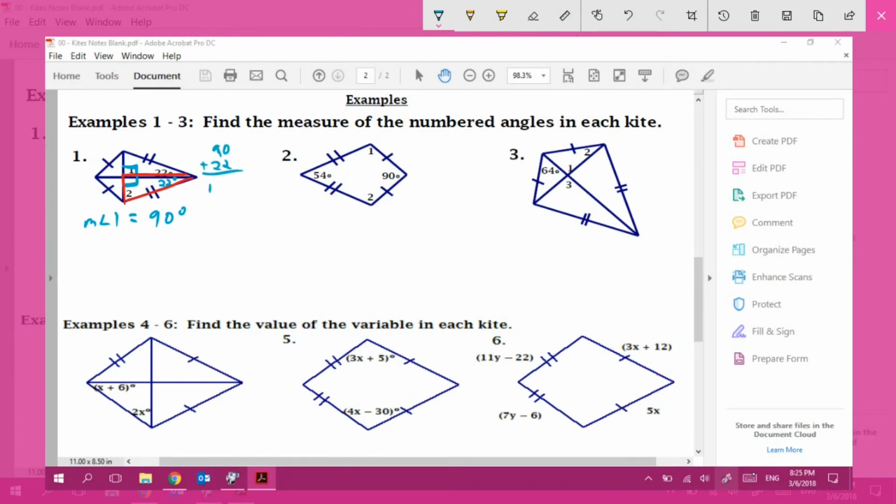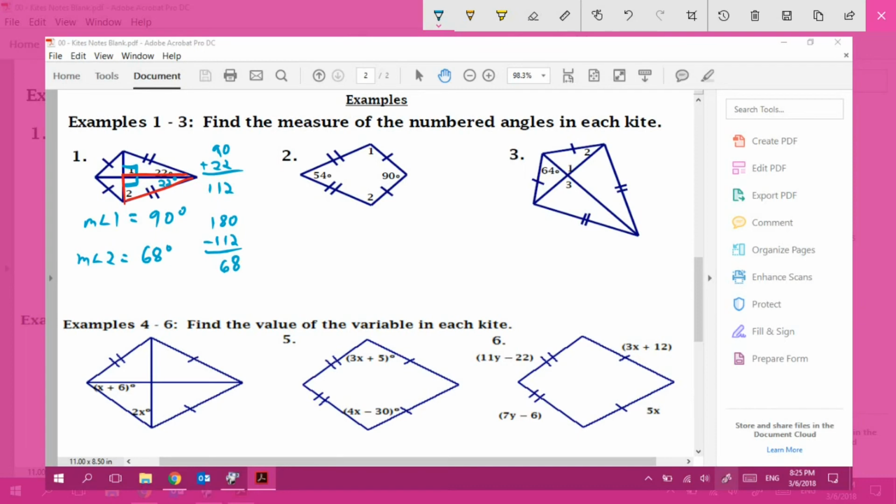That gives me 112. And remember, the total number of degrees in a triangle is 180. So, if I just do 180 minus 112, that gives me 68, and that is the measure of angle 2 equals 68. Boom. There we go.